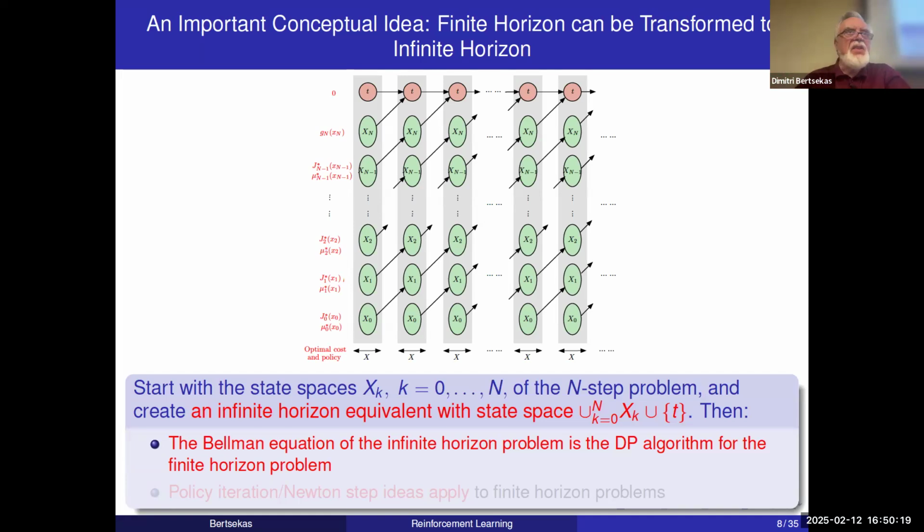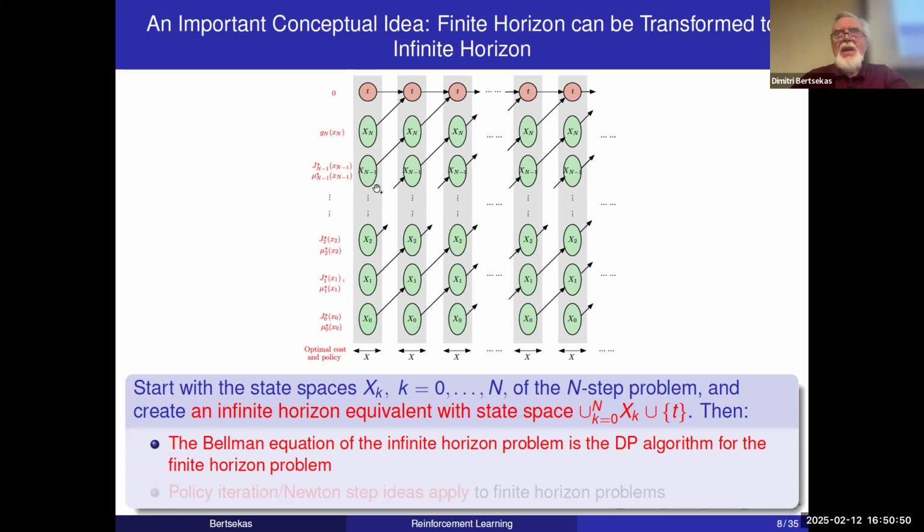We generally discuss Newton's method for infinite horizon problems, but everything applies to finite horizon problems, and the insights that we get about approximation in value space being one step of Newton's method, and similar approximation for multi-step lookahead, all of this applies to finite horizon problems as well.